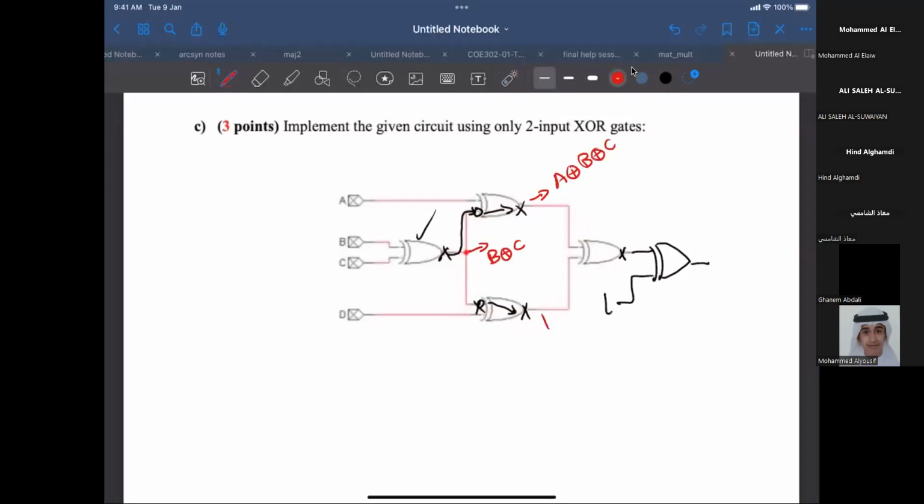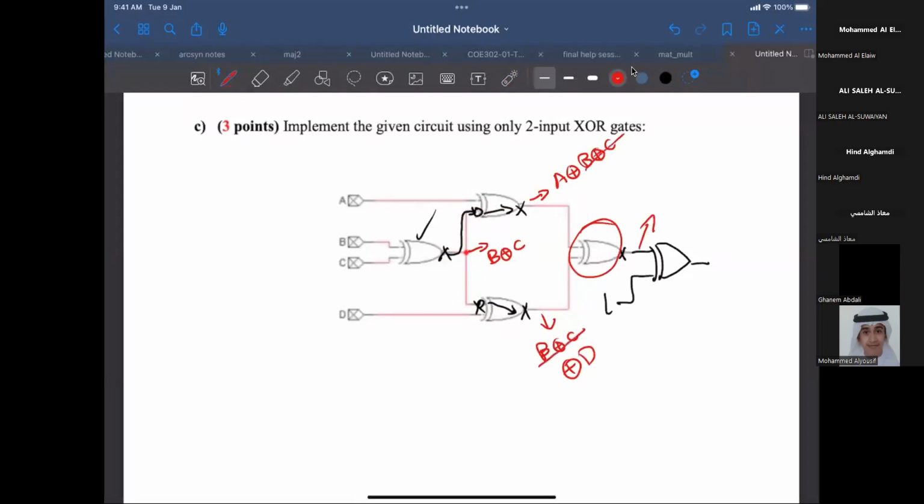And here, it is going to be B XORed with C XORed with D, all right? And then at this XOR gate, we will get rid of B and C, okay?